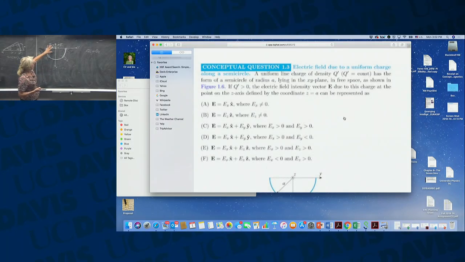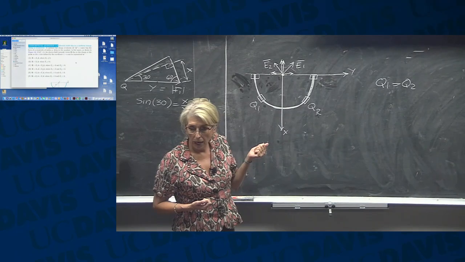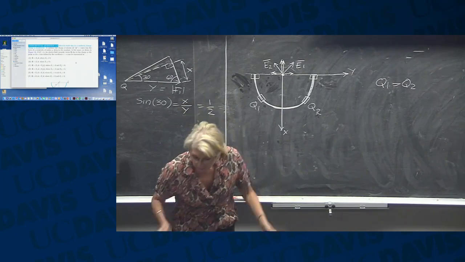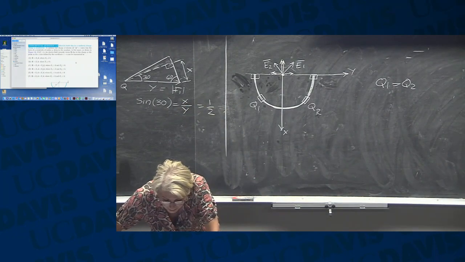If this one is only on the x and y, the charges as well as the observation point, are you going to have a z component in the electric field? Ah, I misread it. Let me read it again. Yes, okay, so it lies, all right.